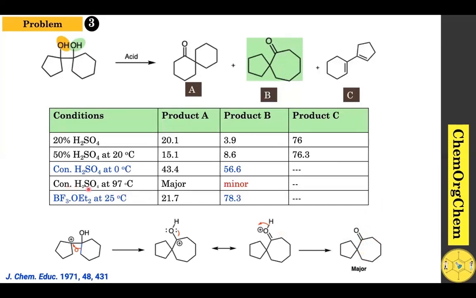In the case of concentrated sulfuric acid at 97 degrees Celsius also, initially this product is formed. After formation of this product, it is quickly converted into the product A. So now we will see how product B is converted into A at 97 degrees Celsius.